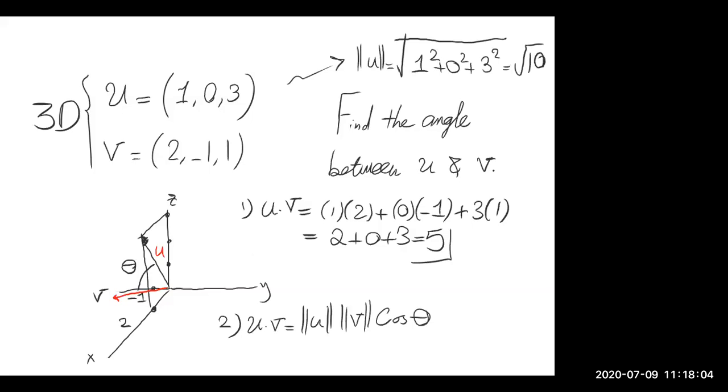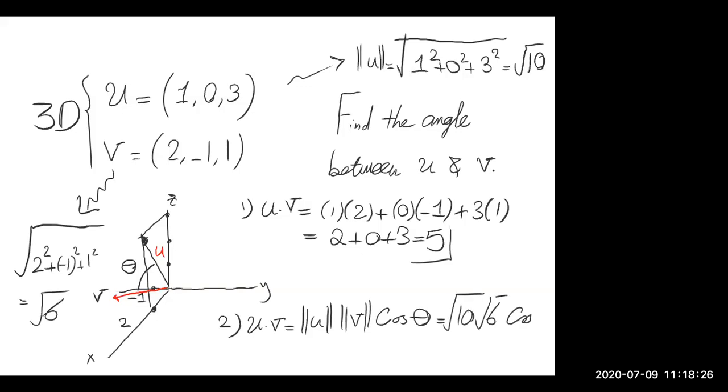It would be the square root of 10. For v, it would be the square root of 4 plus -1 squared plus 1 squared, which is the square root of 6. So this is equal to the square root of 10 times 6 times cosine of theta, which is the square root of 60 cosine of theta.